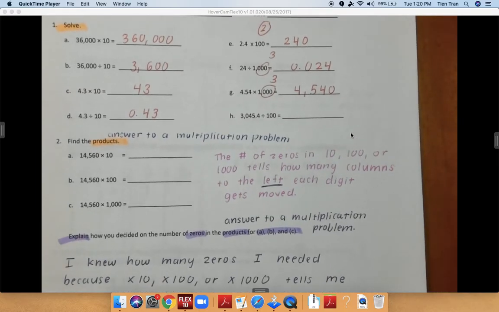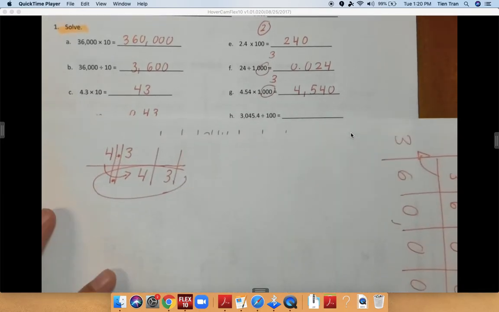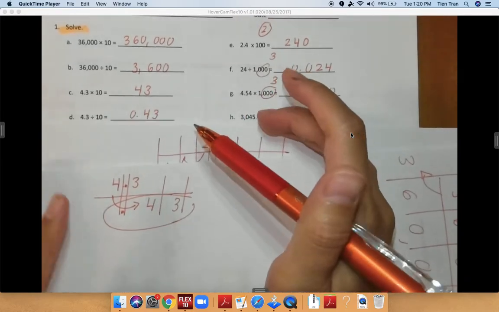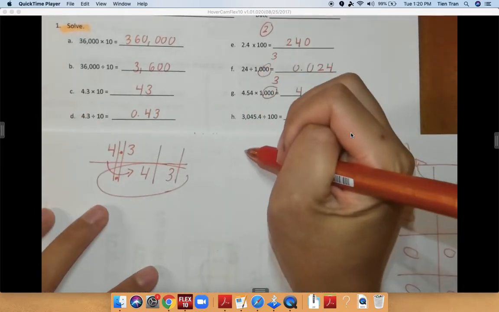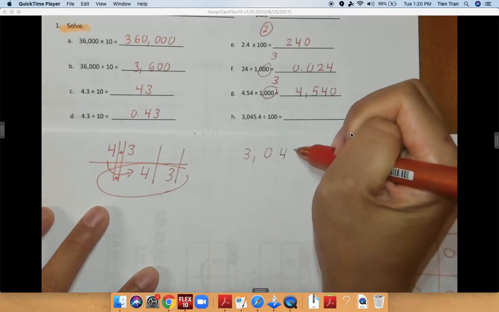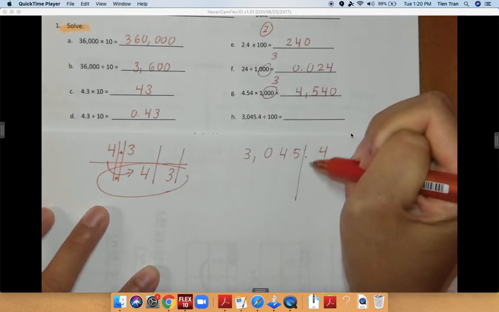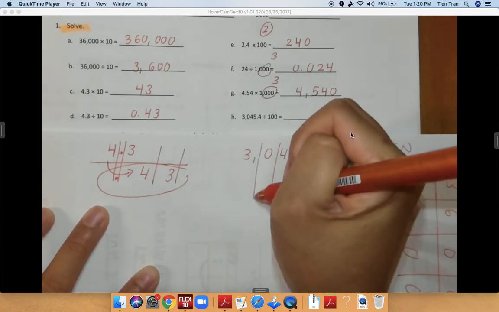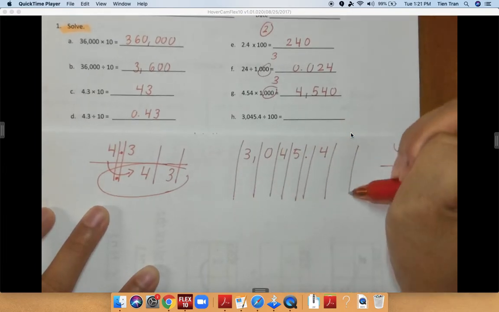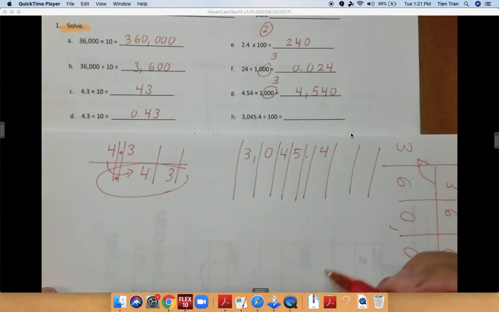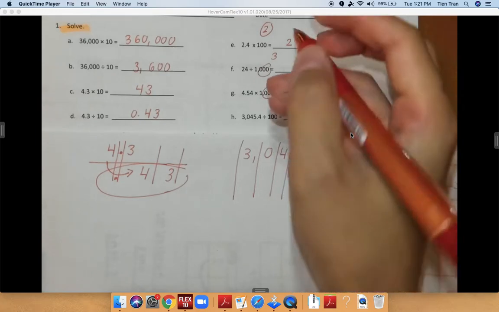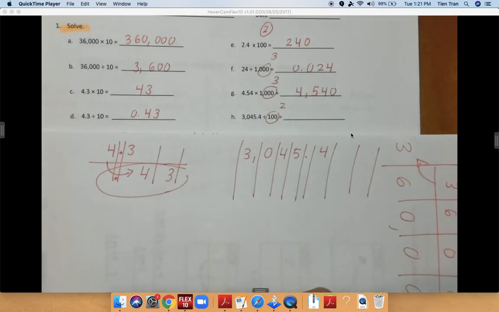Now I have another number right here. For problem H, it says right here that you have 3,045.4. You guys can't even see that. So you're going to make sure all of these have their own place value because they do. And it says to divide by 100. That means that you're moving your number 2 times. This is dividing, so your numbers are getting smaller, so you're going to move to your right.